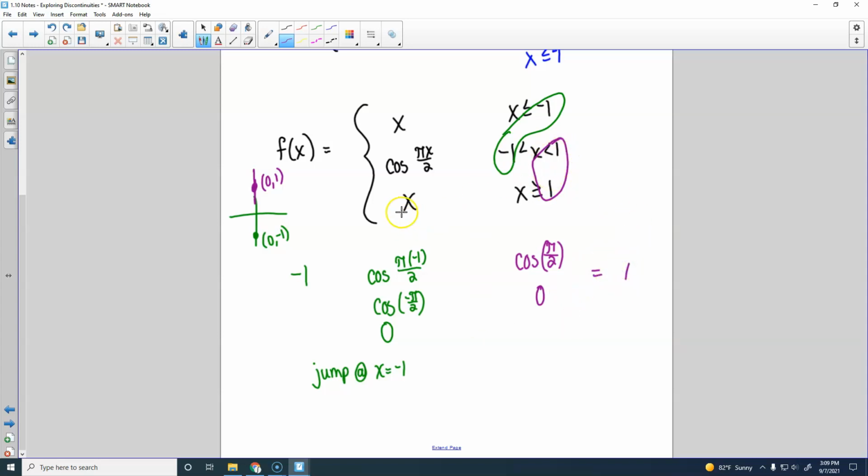Because if we plug in 1 here for this x, we just get 1. No. So we also have a jump at x equals 1. If we get the same number, then it's continuous at that point. So if we get a 3 and a 3, whenever we plug it in, it's continuous at that point.